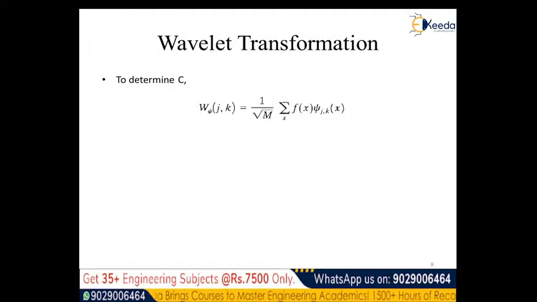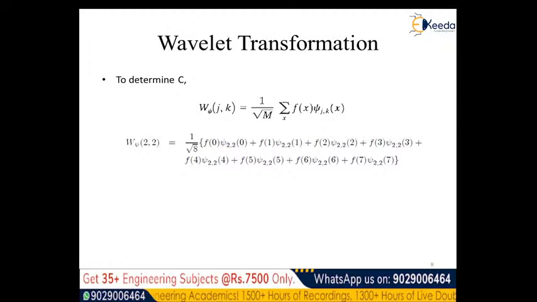Now in this equation, for W suffix psi as a function of 2 comma 2, we obtain 8 terms, denoted with 1 upon under root 8. In the set we have f of 0 multiplied by psi suffix 2 comma 2 as a function of 0, the first term, added to f of 1 multiplied by psi suffix 2 comma 2 as a function of 1.